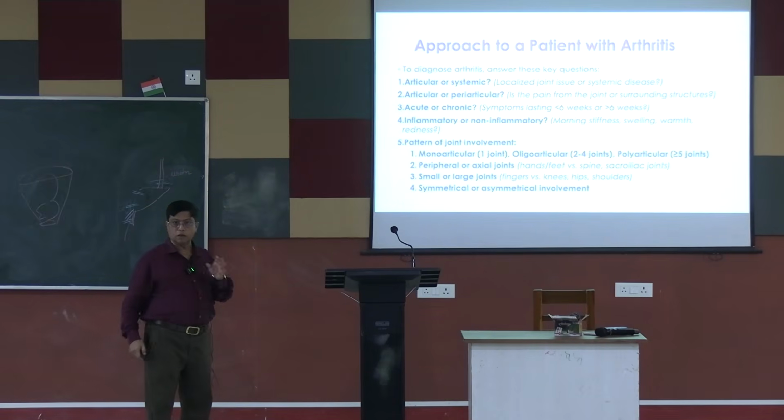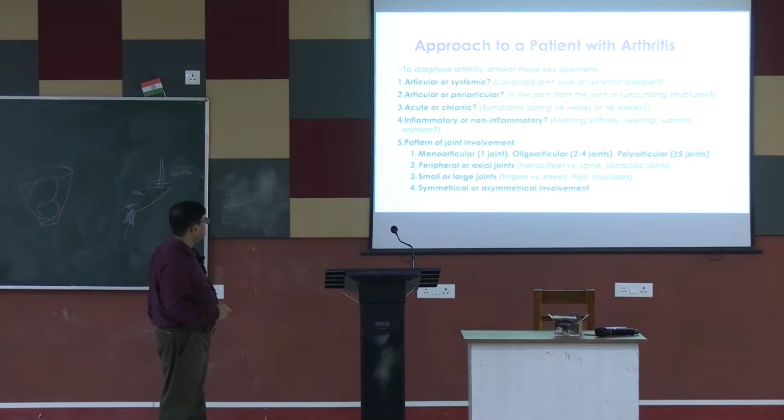But that is not arthritis. So a systemic disease can cause joint pain. So it is articular or systemic disease; first you will have to determine that. The second question is, is it articular or periarticular? Articular means the joint structures, which include the synovium, the cartilage and also the adjoining bone.